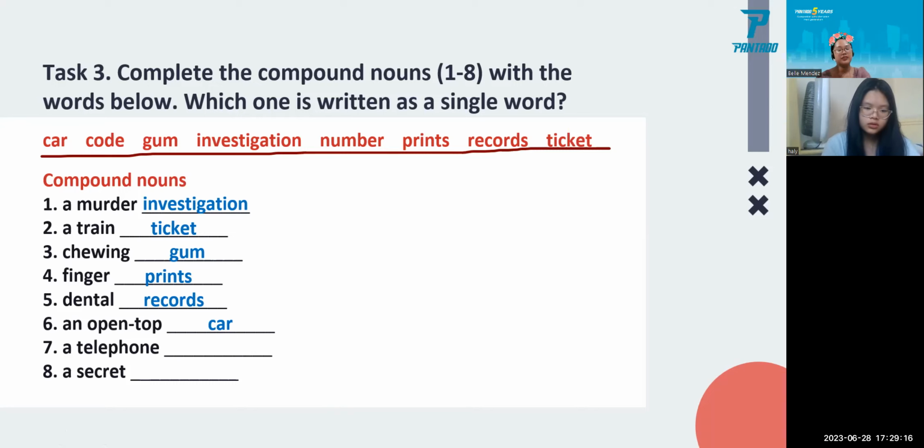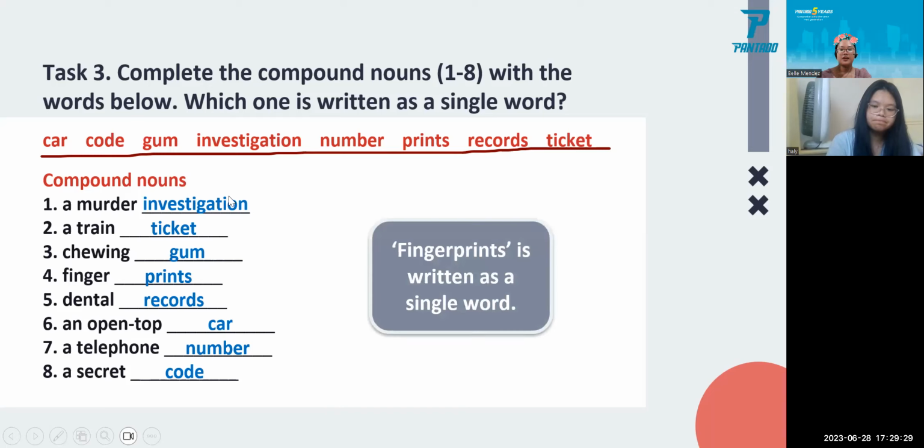A telephone number. And a secret code. Yes, secret code. Okay, that's it, Hallie. Okay. So, by the way, fingerprint is written as a single word. All of the others here are written as two words, but fingerprint is written as one word. Okay.